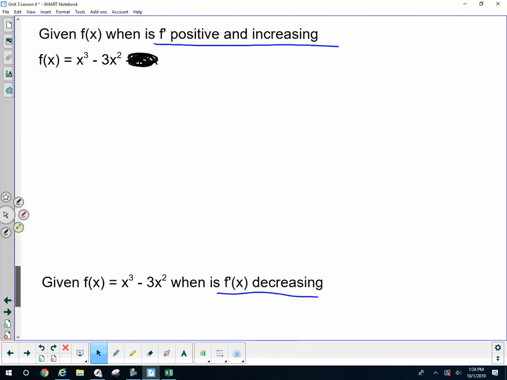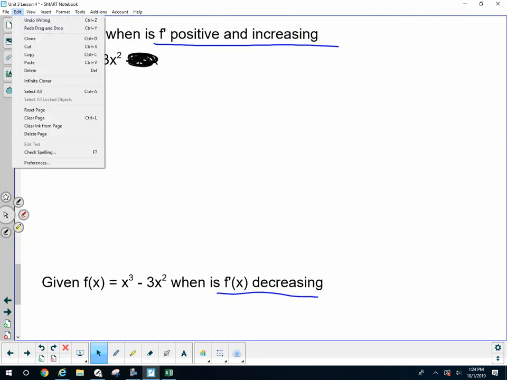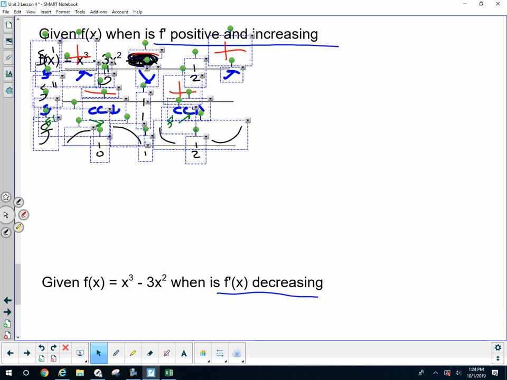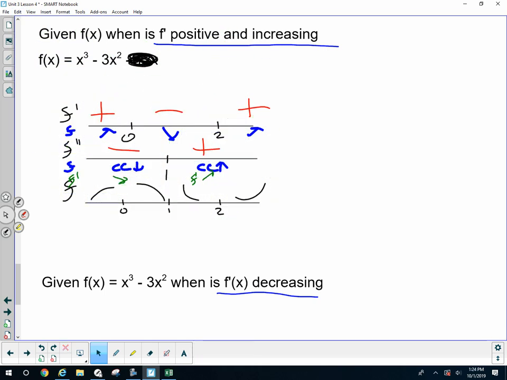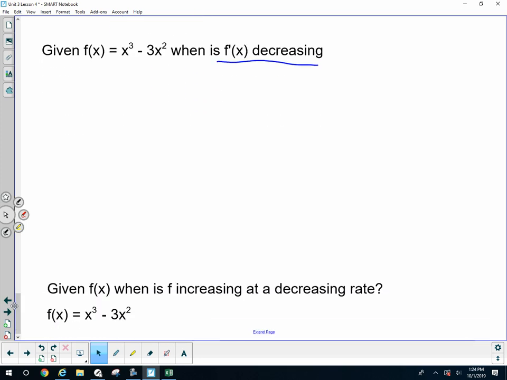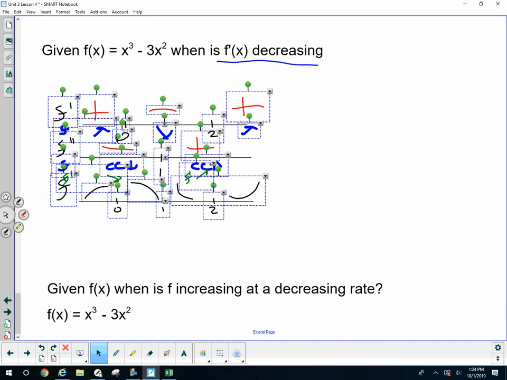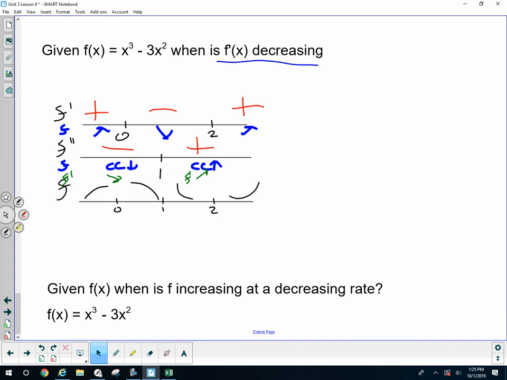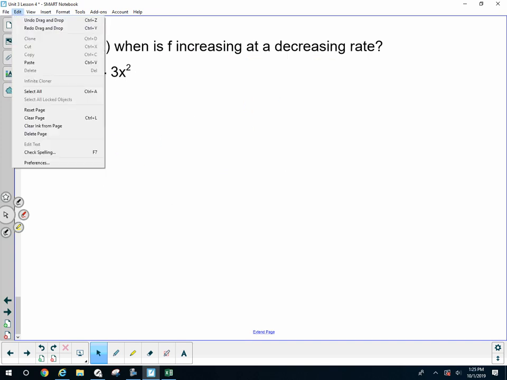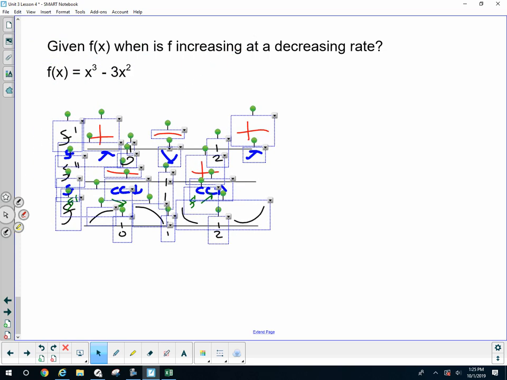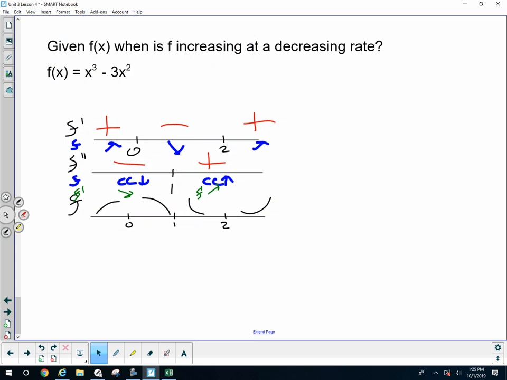So here we go. Edit, paste. Edit, paste. Because once you've done enough of these, it becomes very repetitive doing the sign analysis again and again and again. So we have the sign analysis already done.